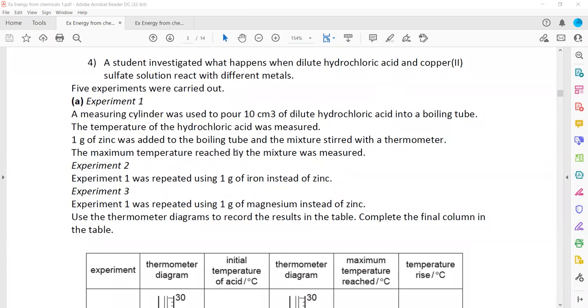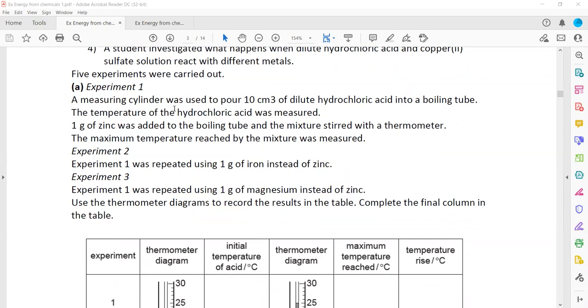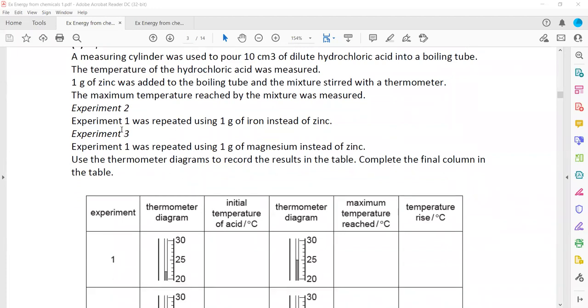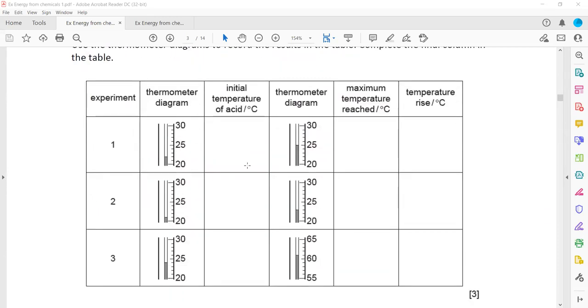A measuring cylinder was used to pour 10 cm cube of liquid into a boiling tube. The temperature of the hydrochloric acid is measured, then 1 gram of zinc is added and stirred. Then experiment 2 is repeated using 1 gram of iron. Then experiment 3 is repeated with 1 gram of magnesium.